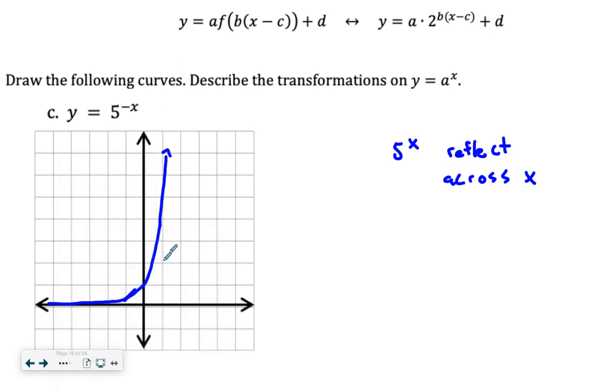Apologize. So here's my 5 to the x. 5 to the negative x, if the negative is on the inside of the function with the x, that is a reflection across the y-axis. So 5 to the negative x would look like this.